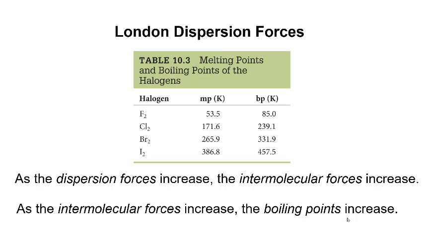So one key factor that we observe for London dispersion forces is that as the molecular weight of the molecule itself increases, the London dispersion force also increases. We can think of this in terms of the size of a golf ball versus the size of a tennis ball versus the size of a bowling ball.